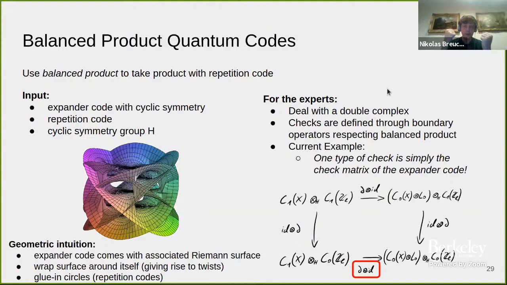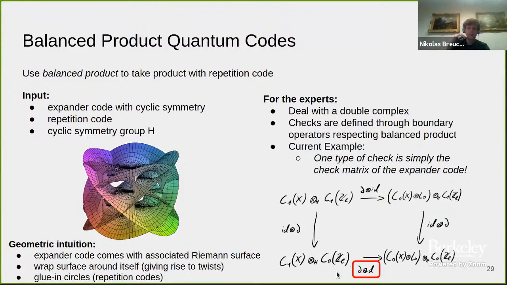What I want to quickly say here is that in this double complex, the top left and the top right are our qubits, and top left and bottom right are the checks. And these differentials give us our checks. And here highlighted is just the differential of the expander code itself.